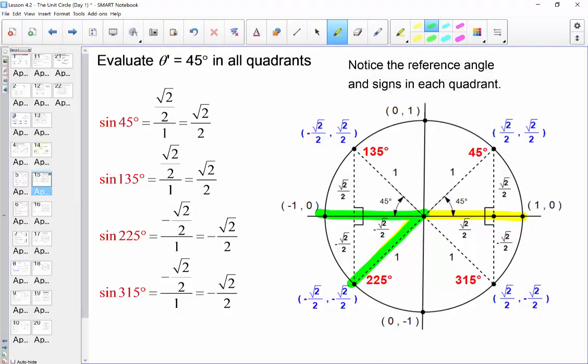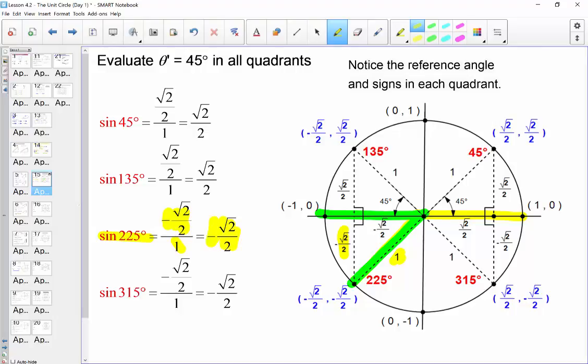Now we can evaluate the sine of 225 degrees. So the sine of 225 equals the opposite side, negative square root of 2 over 2, over the hypotenuse 1, which simplifies to negative square root of 2 over 2.